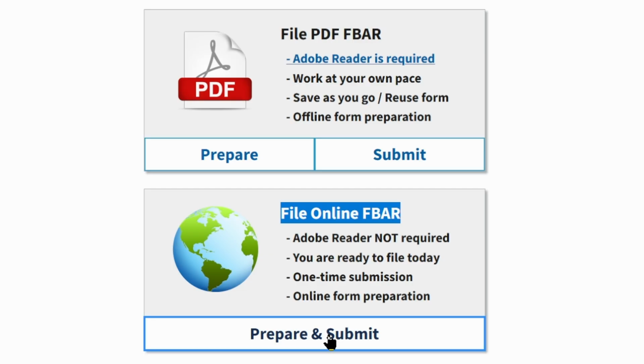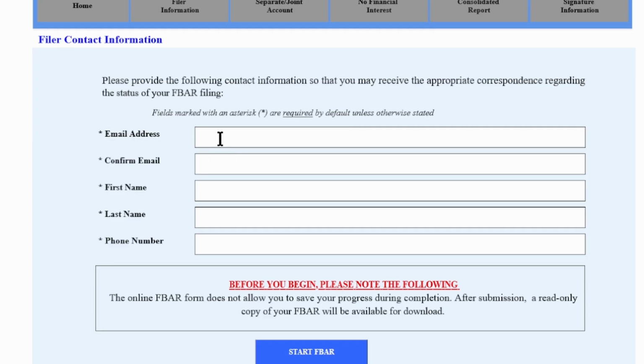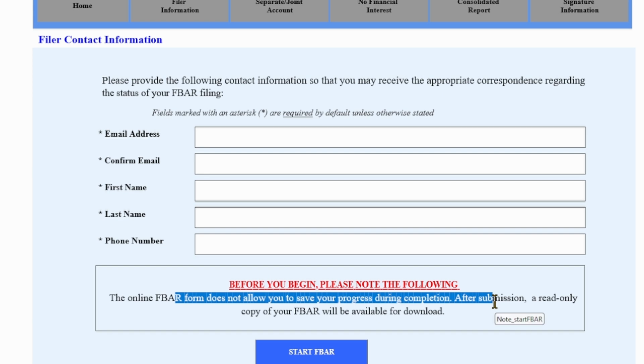So let's prepare and submit. Okay, so you put your email, confirm your email, your first name, last name, and phone number. And you see it says the form does not allow you to save your progress during completion, but after submission, a read-only copy of your FBAR will be available for download. So save that, as well as save the confirmations that they're going to give you to your email address.